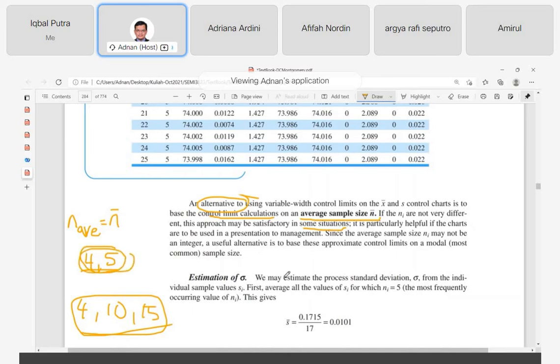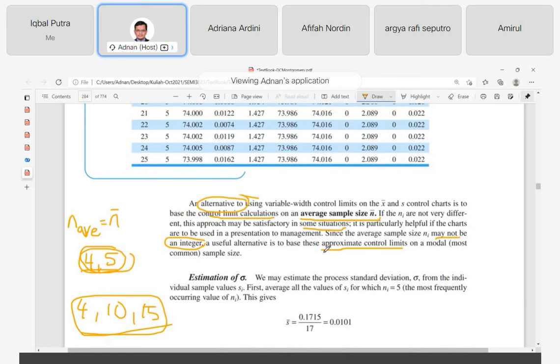Since the average sample size n may not be an integer, a useful alternative is based on approximate control limits. Sometimes when you take the average, you may not get a round number, so you can use an integer number as an approximation for the sample size.